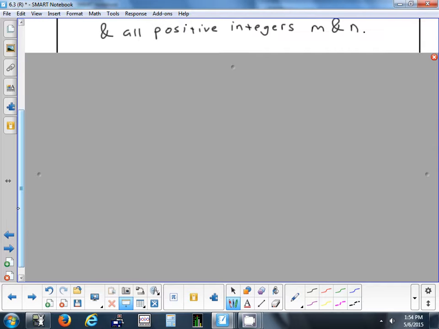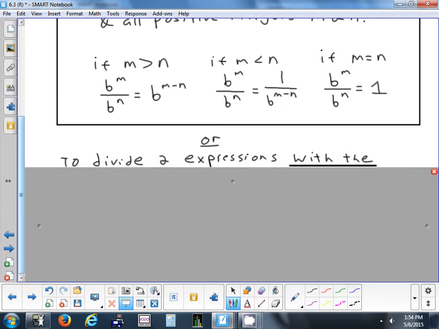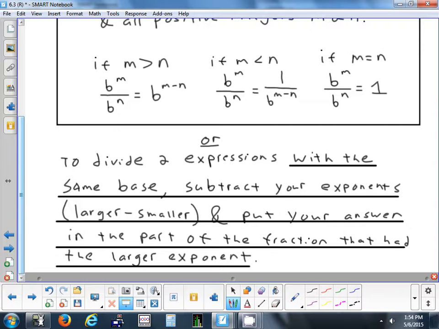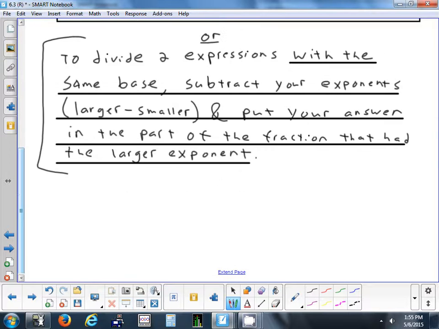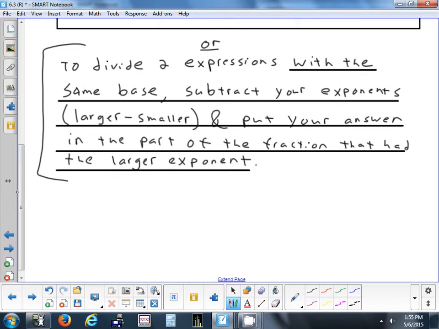Again, just like we've done all week, Mr. Hager's going to give you the rule, and then we're going to look at it. So this is what you want to write down on your sheet. You already have to divide two expressions. You're just writing what's underlined, just like we've done the last two days.